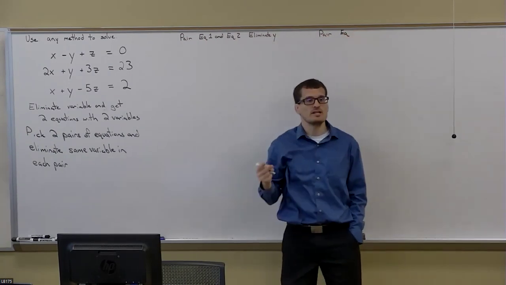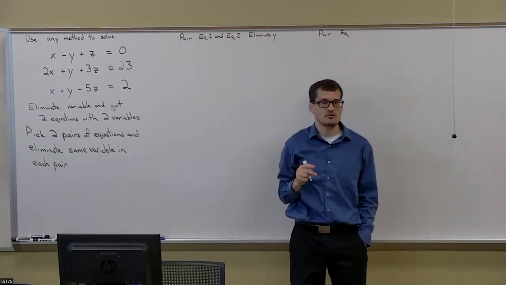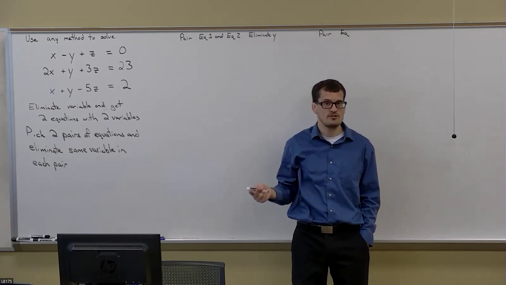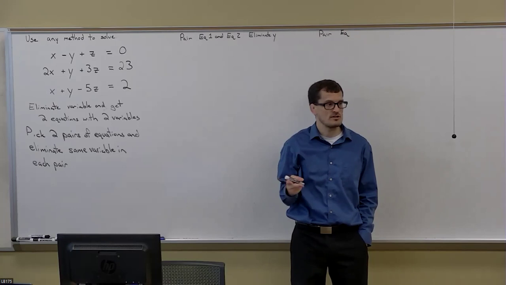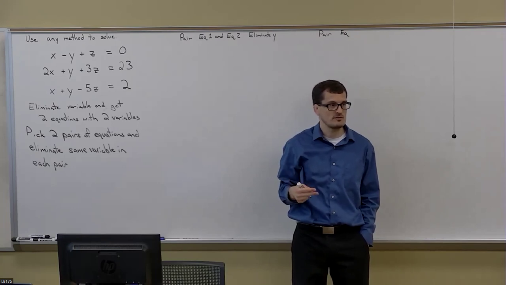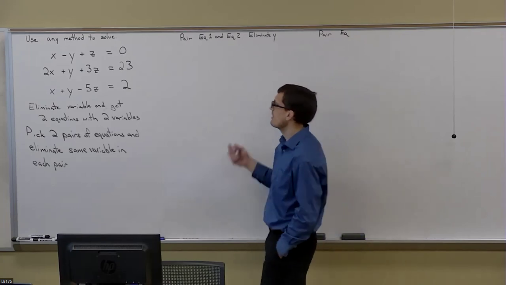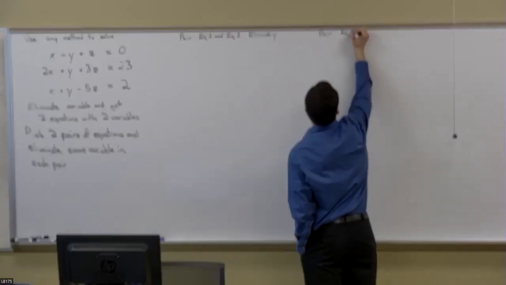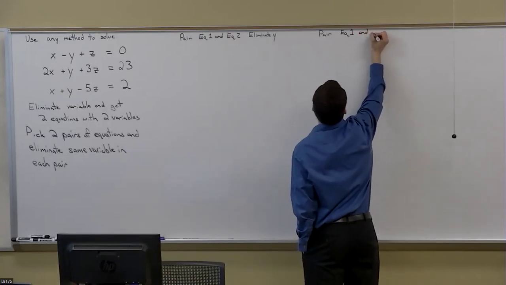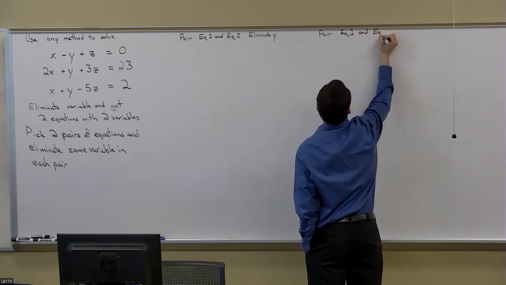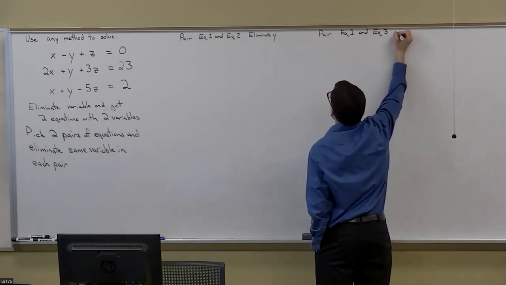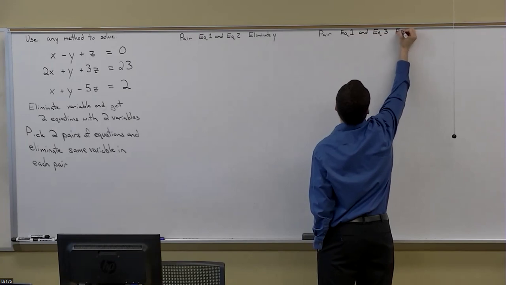It can't be 1 and 2 again, so you can pick either 3 and 1 or 3 and 2. Let's do 3 and 1. Equation 3 and equation 1. And we'll also eliminate y.